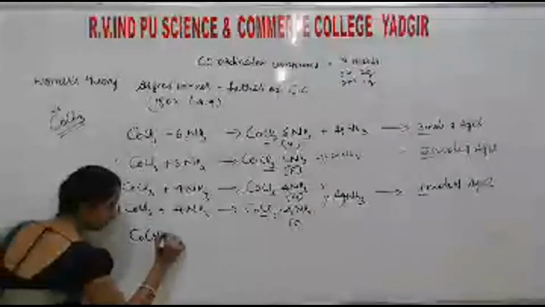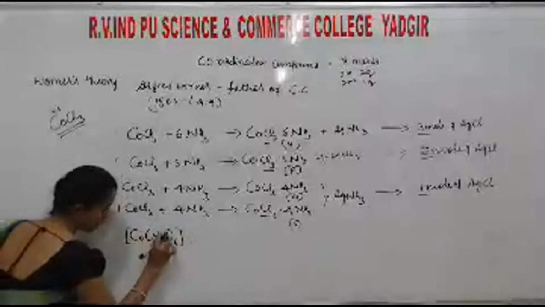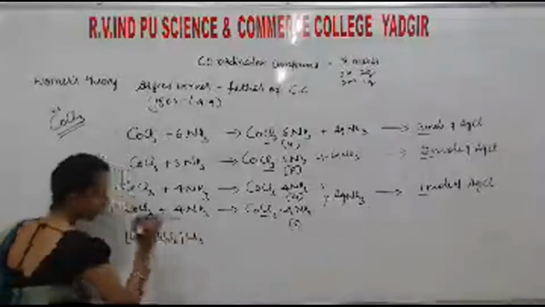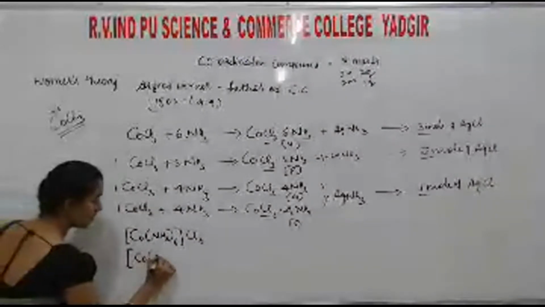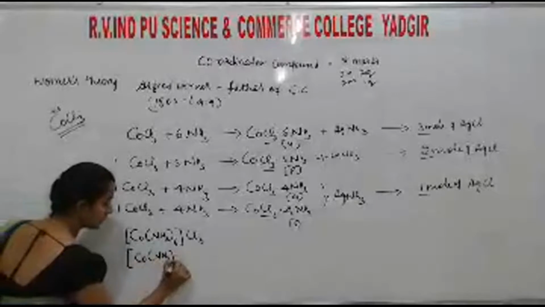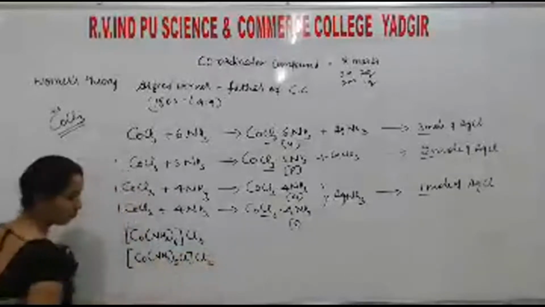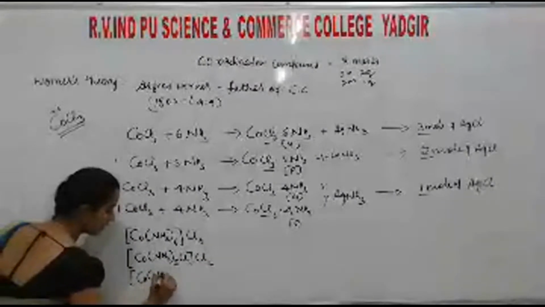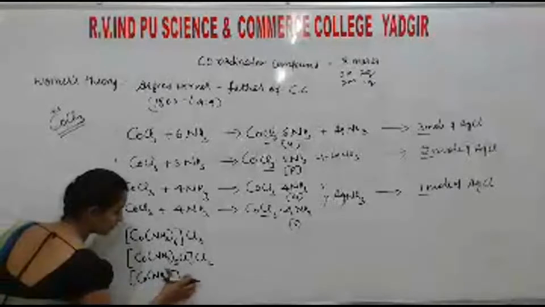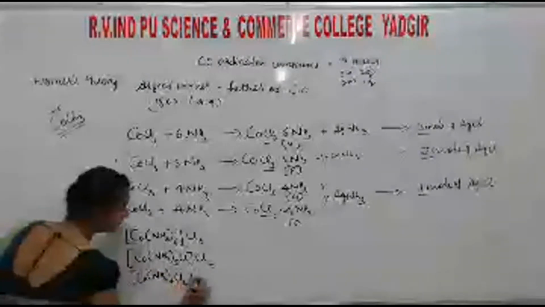The first one is Co(NH3)6 Cl3. Next, second is Co(NH3)5 Cl2. And the third one Co(NH3)4 Cl2 Cl.